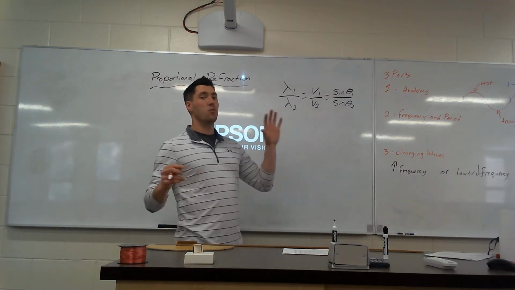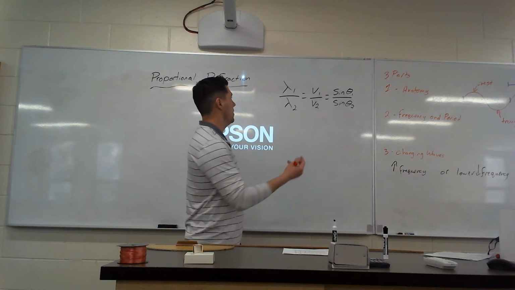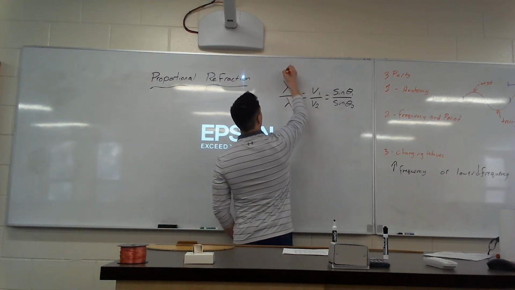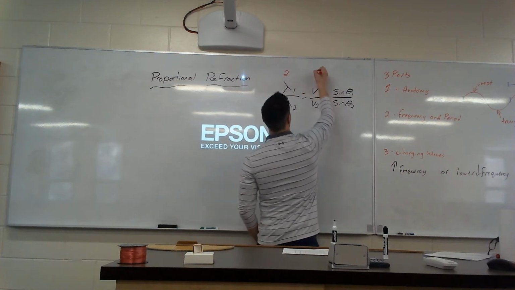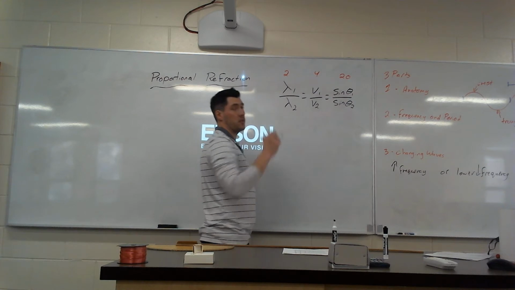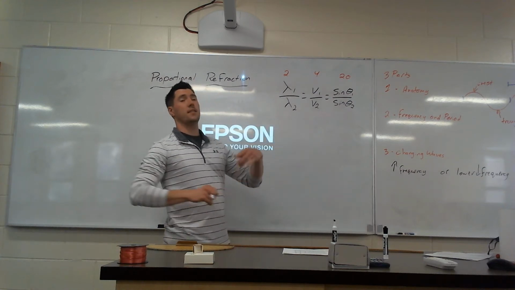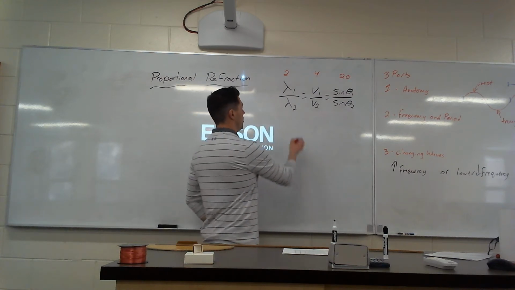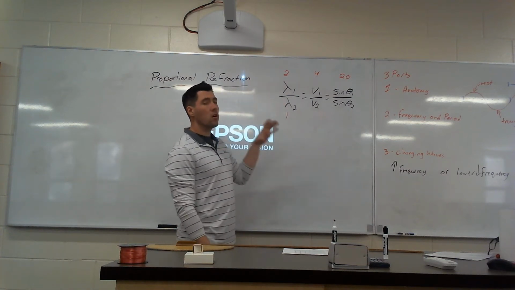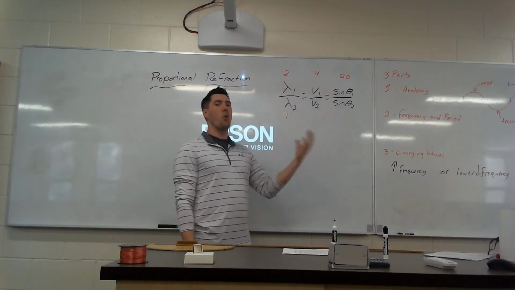So if I were to give a really easy example of what I mean by this, let's say you had a wave with a wavelength of 2, a velocity of 4, and an angle of 20. If we knew that the new wavelength, when it hit this new medium, changed to 1 meter, like it basically went by half, they're all going to stay the same at that very exact proportional level.